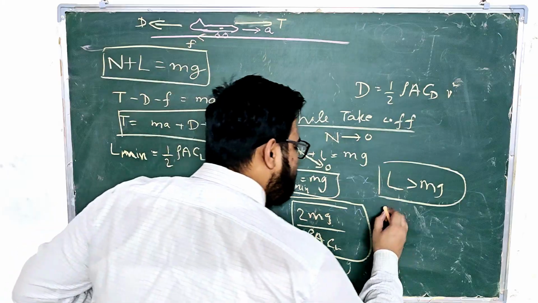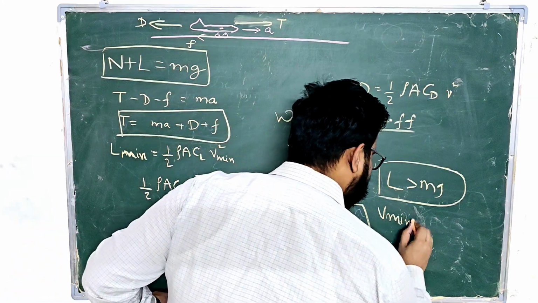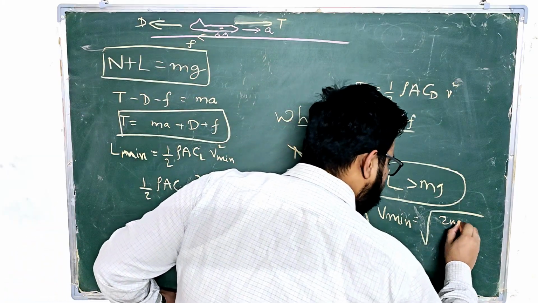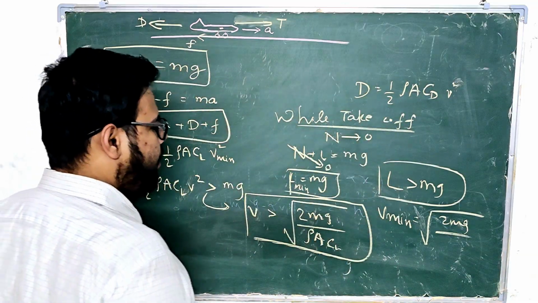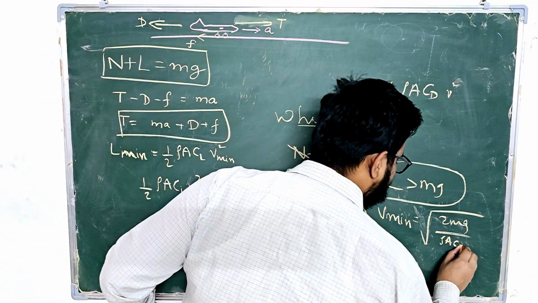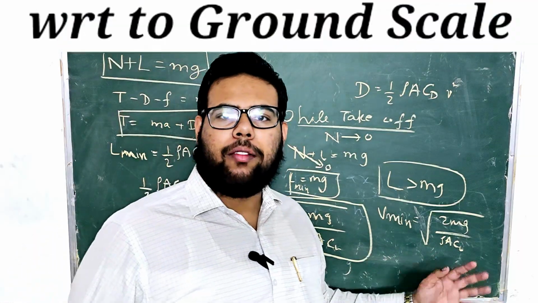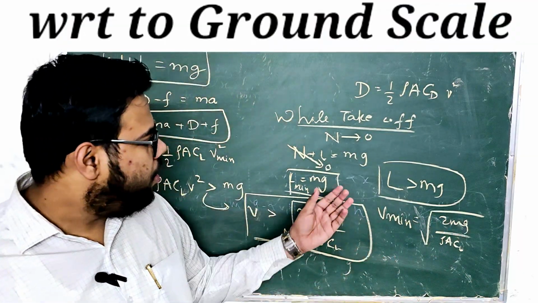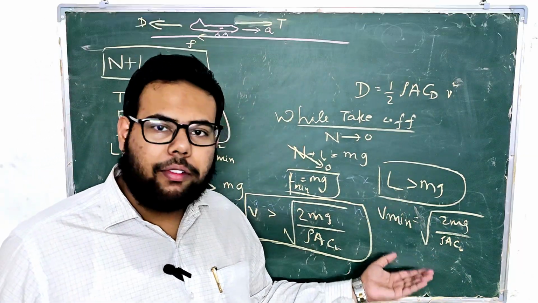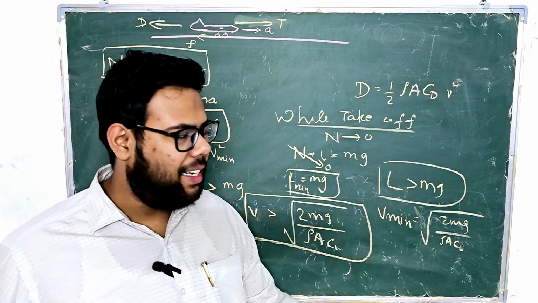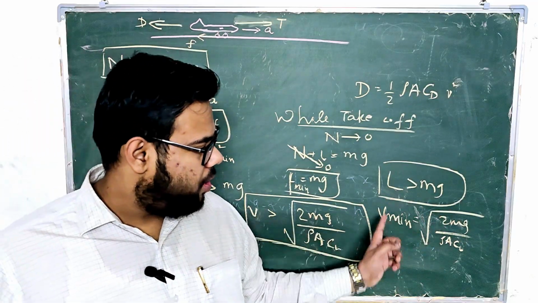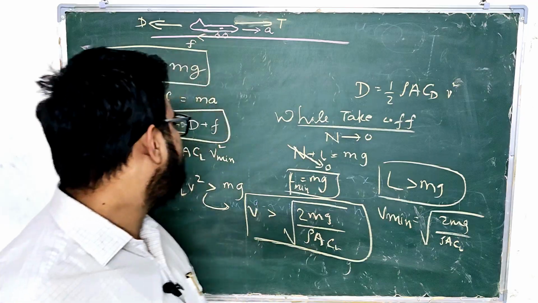So the minimum velocity required is the square root of 2 mg divided by rho A C_L. At this velocity, the apparent weight of the airplane will become 0, and if you give more lift to the plane, it will fly, it will take off, right? So this is the minimum velocity required for takeoff.